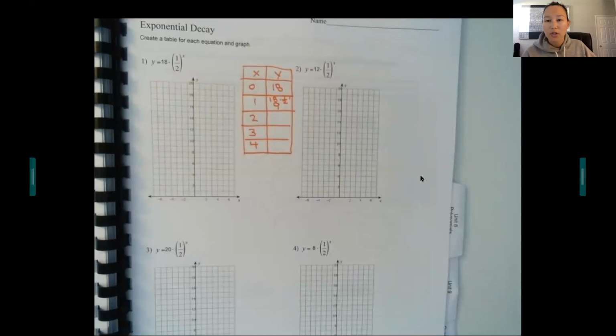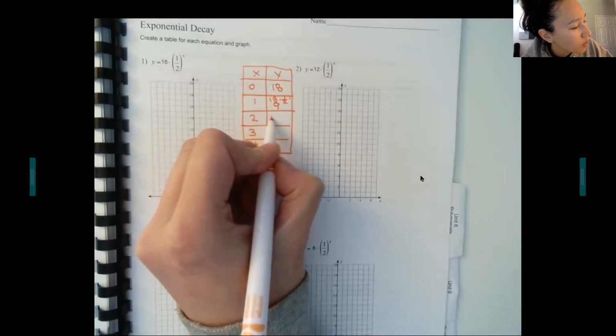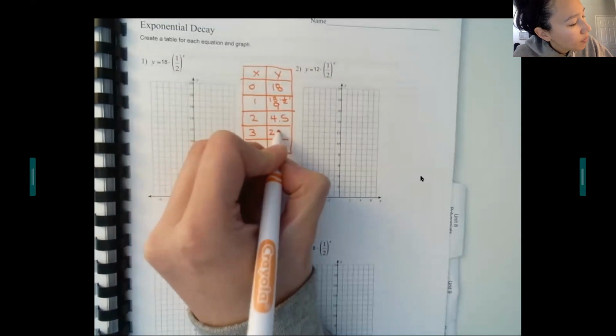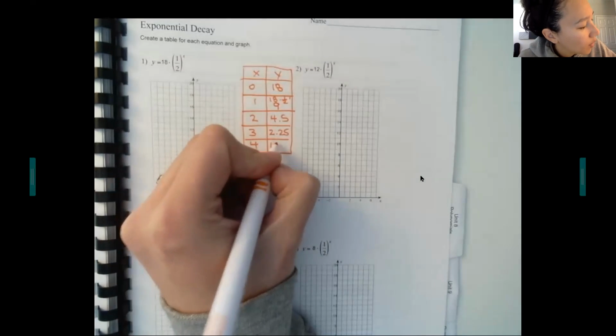When it comes to exponential decay, we're going to be dividing each time. So we'll divide 9 by 2, which is 4.5. And then we'll divide 4.5 by 2, which is 2.25. And then divide 2.25 by 2, which is 1.125.